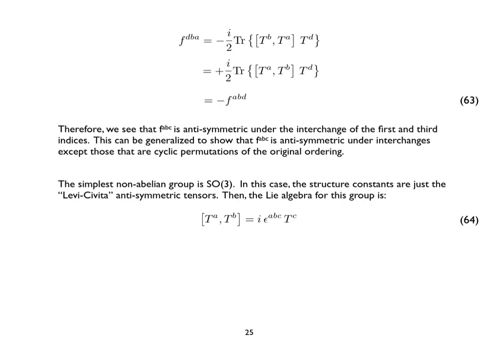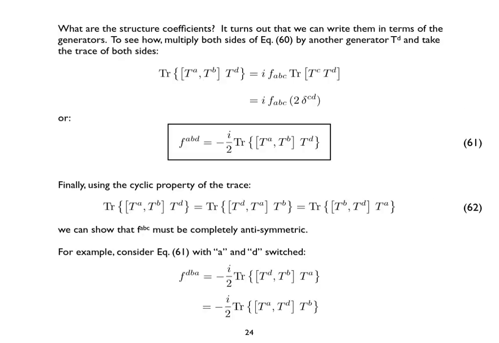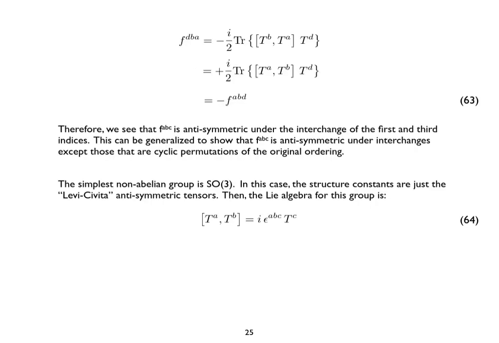So up above, I started with FBBA, and then I flipped D and A, and what I get is minus FABD, right? So FDBA is equivalent to minus FABD.